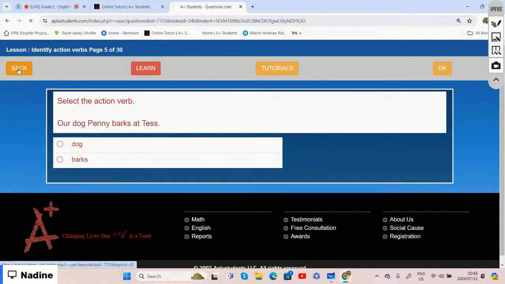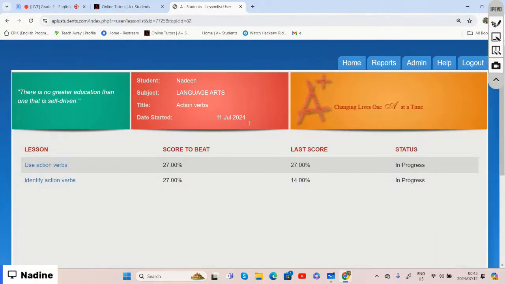All right, so this is now the end of our lesson on action verbs. We said action verbs tell us what the noun does, what the person, animal, or thing is doing.